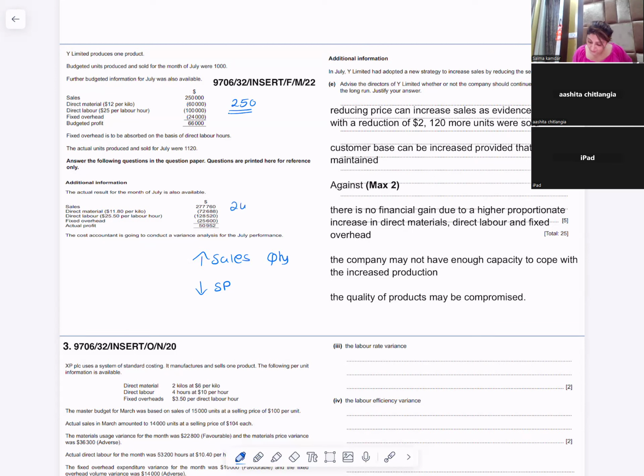So reducing the price can definitely increase the sales, as we can see evidently in the month of July. It is for 5 marks, so just keep the marks in consideration. When I reduced $2, 120 more units were sold.